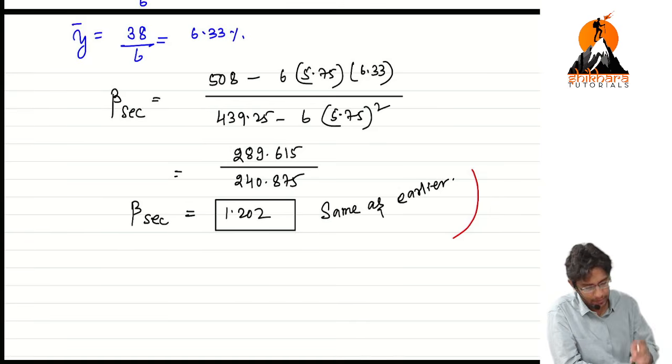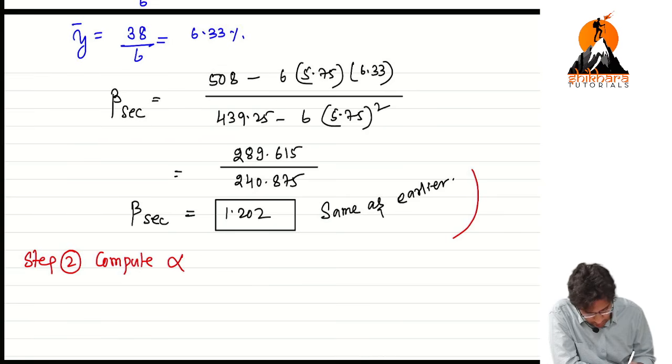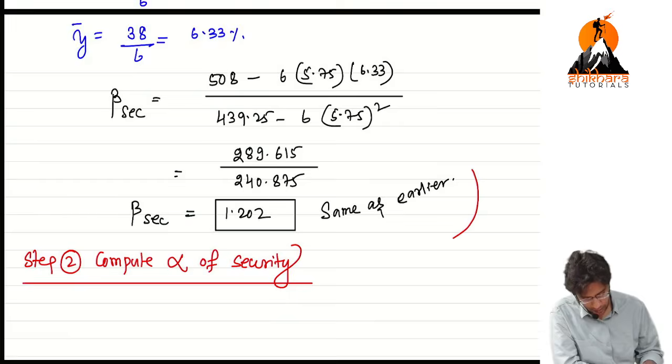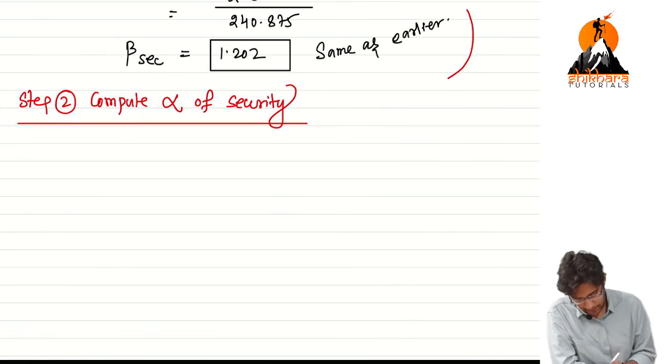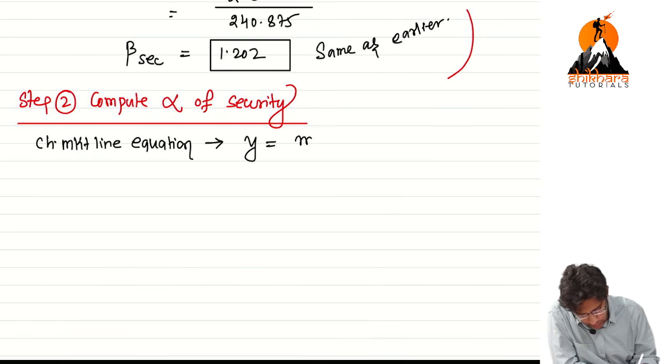Anyway, we are still in step number 1. Don't forget that. Step 2 is what? Alpha. The characteristic market line equation is y equals mx plus c.